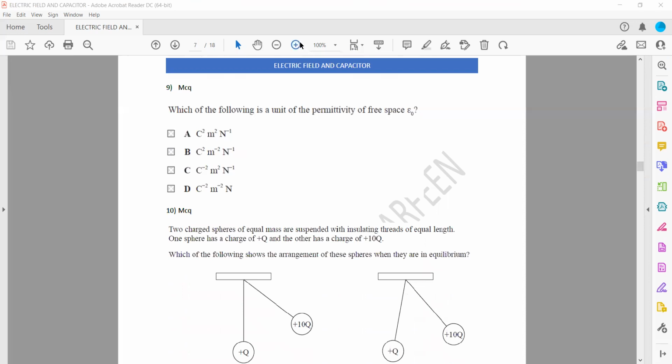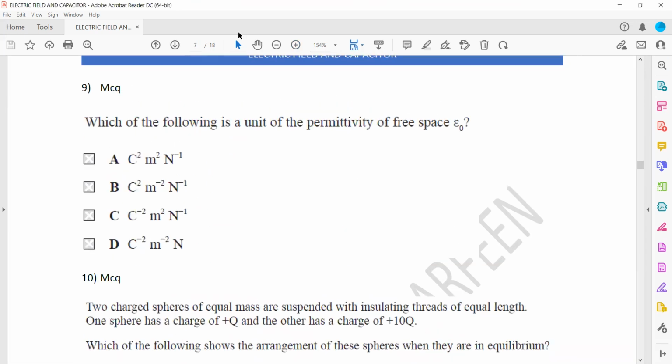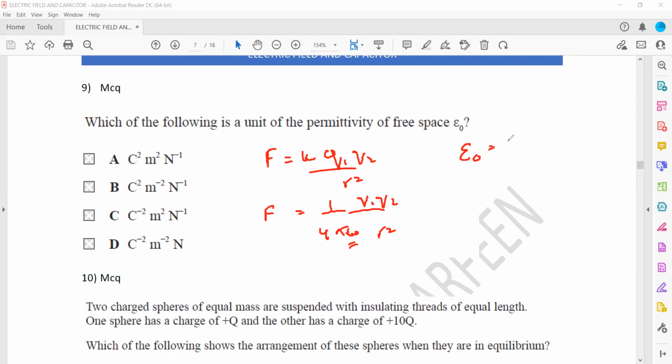In question 9, which of the following is a unit of the permittivity of free space? According to Coulomb's law, F equals k Q1 Q2 over r squared, where k equals 1 over 4 pi epsilon. If I need epsilon, then epsilon equals Q1 Q2 over 4 pi F r squared.